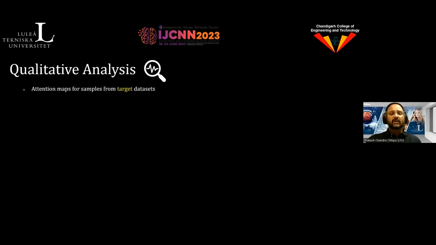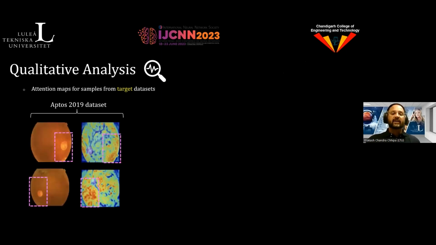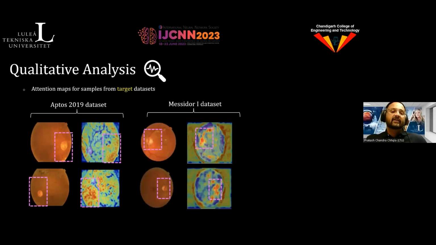Then it comes to the quality analysis part, where we look at the APTOS dataset. Here we could see a particular sample where the model is able to attend to the region of interest with the activation, which shows that the representation learned through self-supervision seems to be effective. A very similar pattern we could see on the MESSIDOR dataset also.